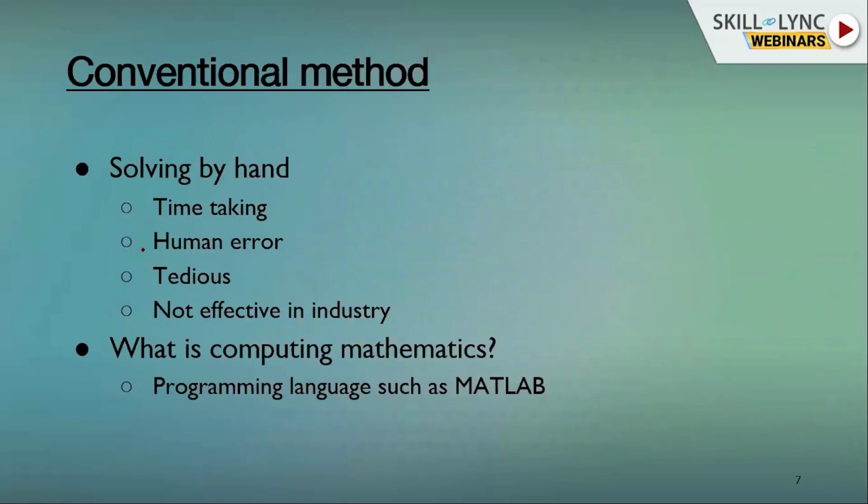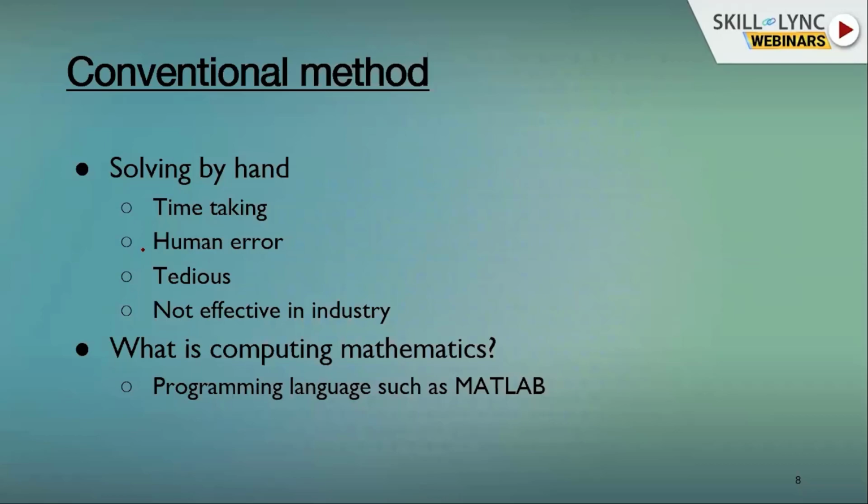Till engineering, whenever we have learned mathematics, we have done calculations by hand only, isn't it? But the problem comes: does industry have so much time? They are not going to give you 2 hours to solve one problem by hand and give the result by the end of the day. Why?